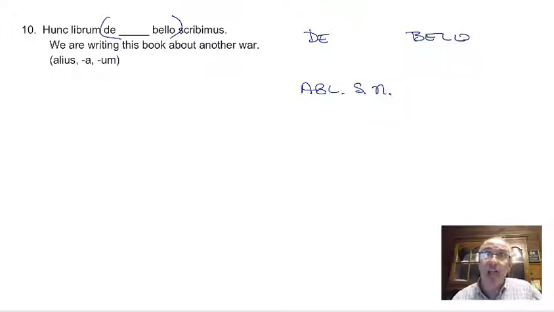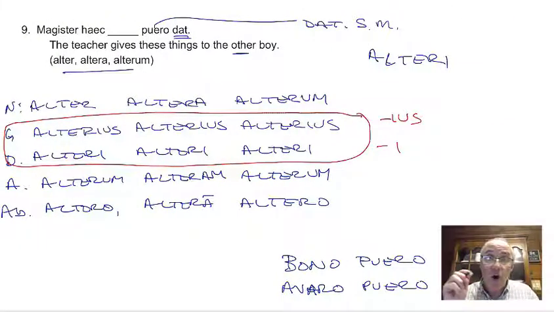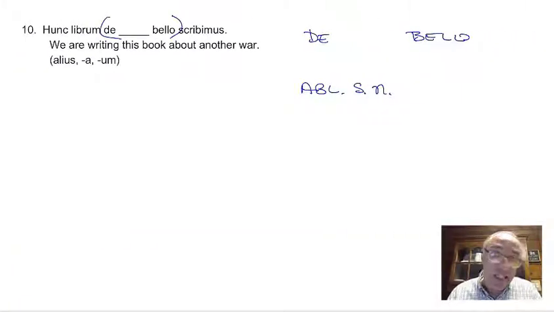Are these adjectives funky at all when it comes to the ablative? No. Their only funkiness appears in the genitive and dative. Funkiness is an ancient Latin term, by the way. We are writing this book about another, so since it's not the genitive, it's not the dative, it's completely regular, altero.